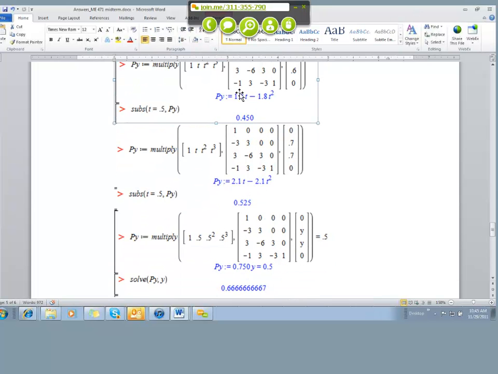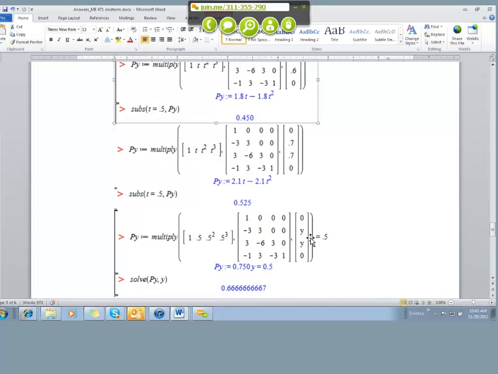Well, instead of goofing around with that too much, what I would have hoped you would have thought about and done is said, let's just set this whole thing equal to 0.5 and solve for the y value. Well, at t of 0.5, you put that in.